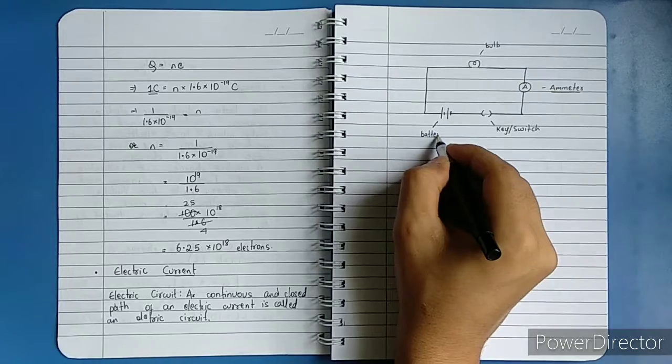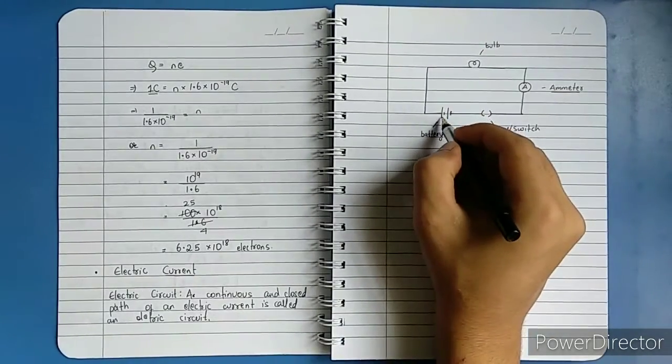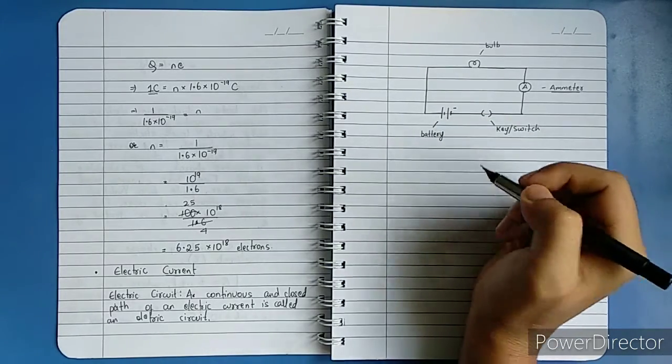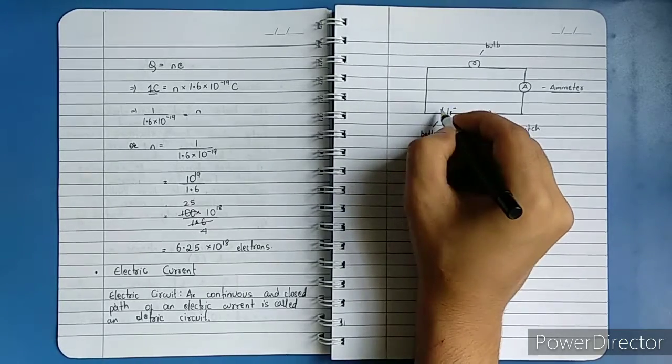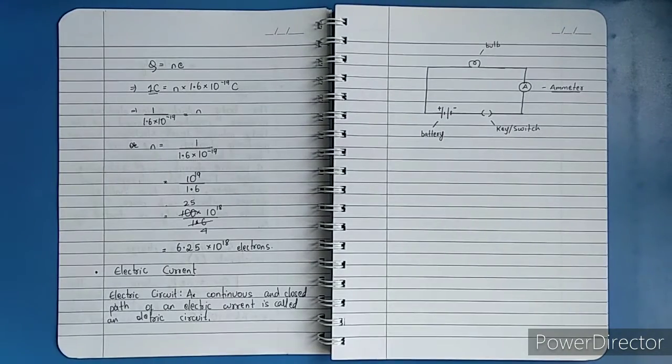Whenever we have a combination of cells, we call it a battery. And in a battery, the longer line is the positive one and the smaller one is the negative one. Since this ends with the smaller one, this is the negative terminal of this battery, and this ends over here with the longer one, so this is the positive terminal of the battery.